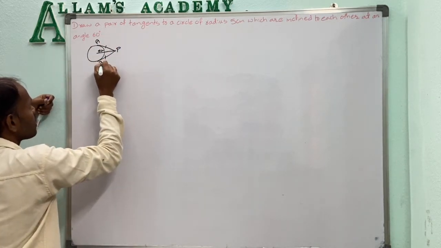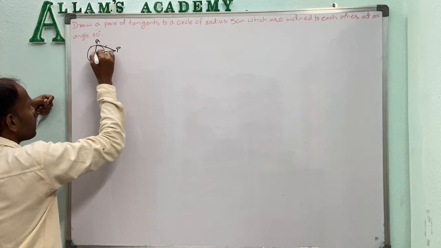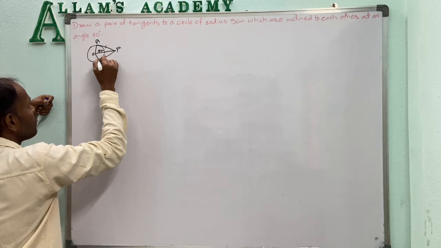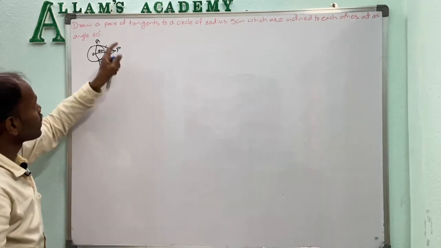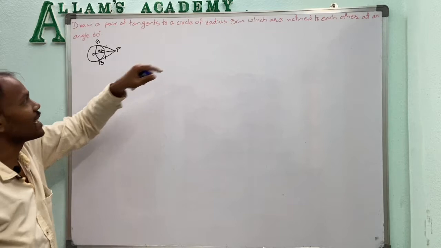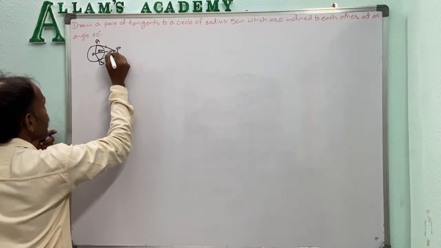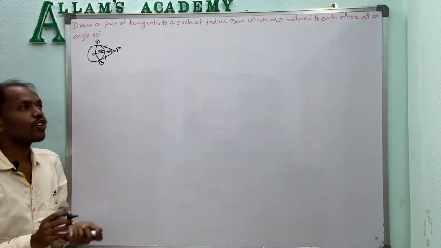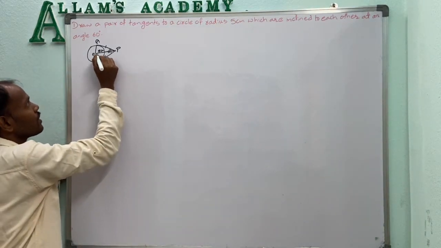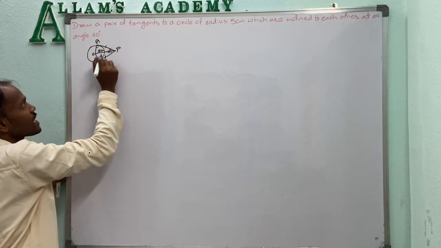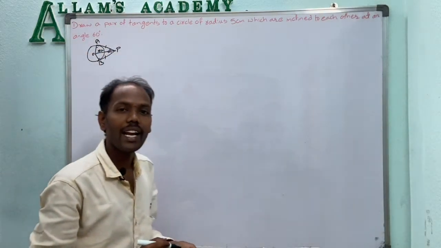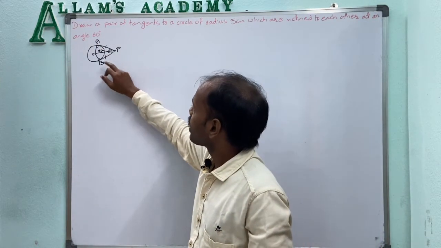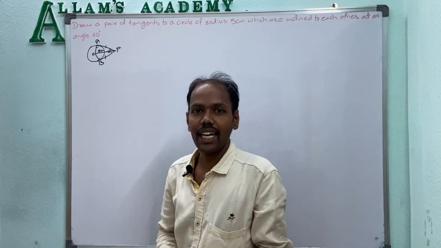The tangent contact points are A and B, on the circle with center O. The two tangents are inclined to each other at 60 degrees. We know OA and OB are radii and angles A and B are 90 degrees, so OAP and OBP are right triangles.